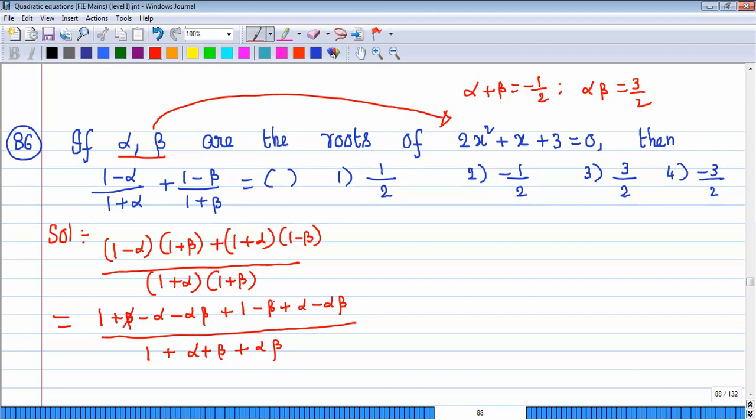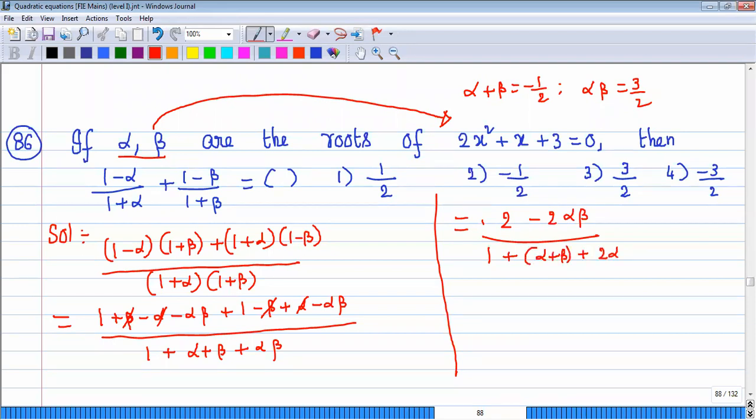Here plus beta minus beta cancel, minus alpha plus alpha cancel, right? So we have 1 plus 1, 2, 2 minus 2 alpha beta upon 1 plus alpha plus beta plus alpha beta.